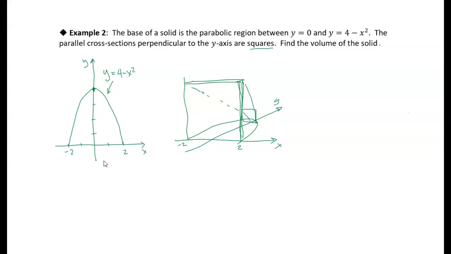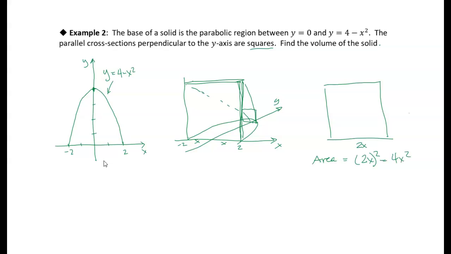Okay, so now what does each cross section look like? It's just a square. We're going to come over from the y-axis a distance of x, and that x is going to vary as we move up the y-axis, because it's going to be defined by that parabola. So the side is going to be 2x, and so the area of each cross section is going to be 2x squared, so 4x squared.